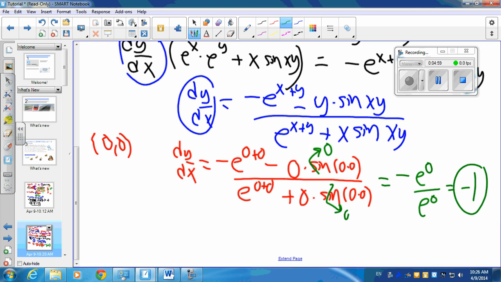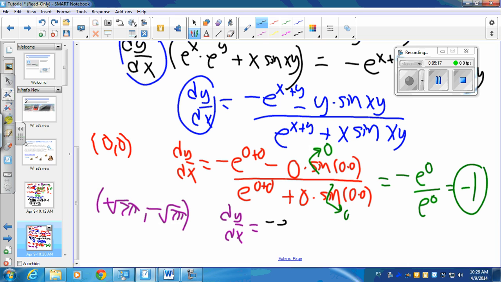So now we do the same thing with, is it positive square root of 2 pi, comma, negative square root of 2 pi. That's my point there. Now, this doesn't look possible that it's going to be the same, but it is. Negative e to the square root of 2 pi minus square root of 2 pi. What's that going to turn into? 0.